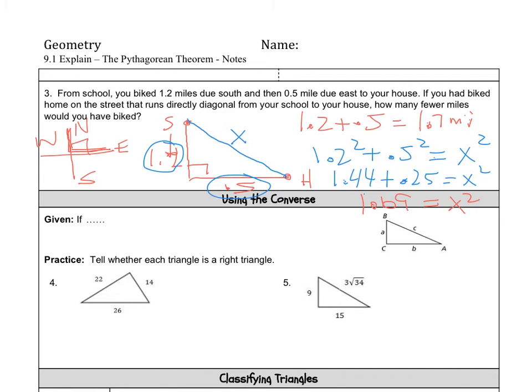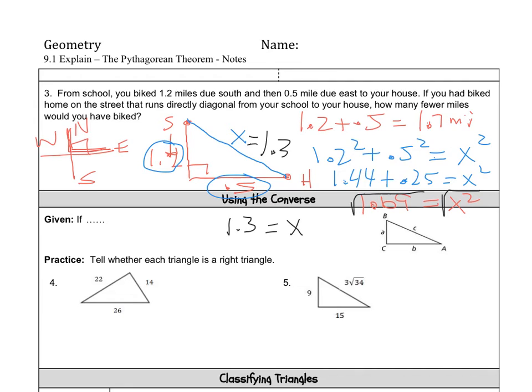Okay, well, so I need to get x squared by itself. So how do we get x squared by itself? That's right, we take the square root. The square root of x squared is x, and the square root of 1.69 is 1.3. So what we just found is that this distance is 1.3.